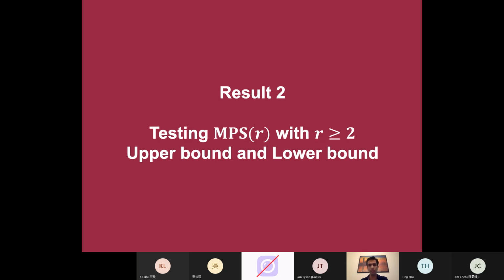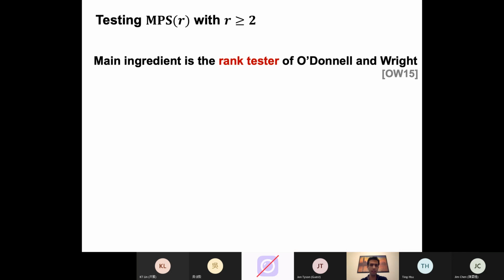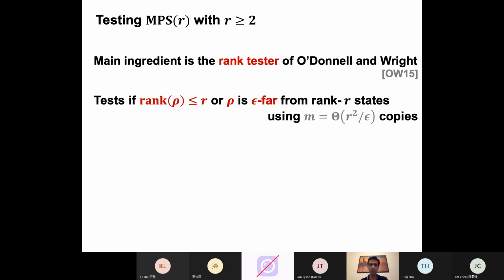Now I'll tell you about our second result, which is testing matrix product states with any bond dimension. So the main ingredient we use is a property testing algorithm called the rank tester due to O'Donnell and Wright, which is an algorithm that tests whether a density matrix rho has rank at most R, or if it's epsilon far from states with rank R. And as always, rank is just the number of non-zero eigenvalues of rho.